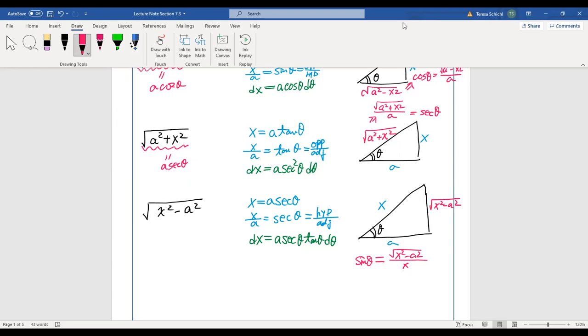Okay, and be careful because I have the secant. Secant has to be in partner with the tangent here. So this is x over a.